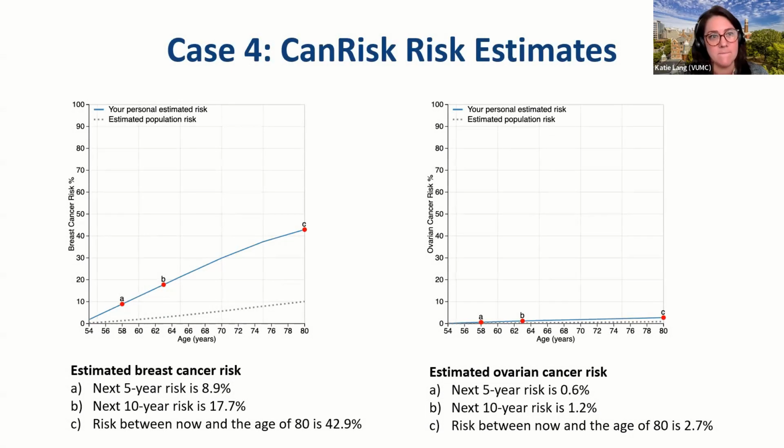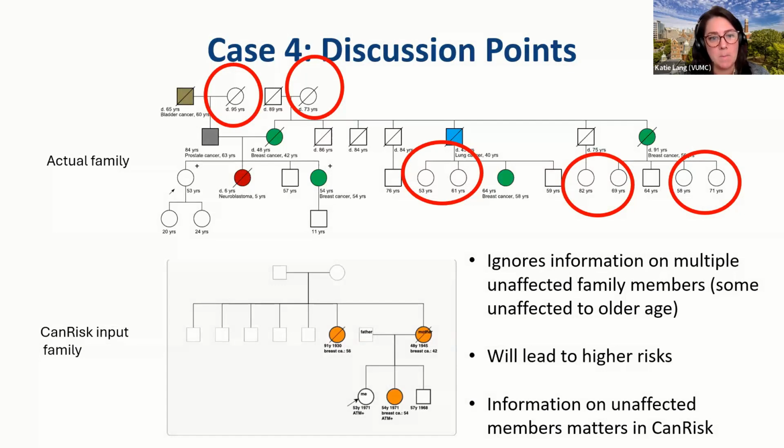Sure. Thank you, Katie. So these are the risks that you get. It's about 43% for breast cancer. So again, this goes back to the points that I made in the first case. I looked at the input data in the report that was sent to me and compared it against the actual pedigree. If you notice, the bottom figure is what was entered in CanRisk, which focused on entering only the affected family members.